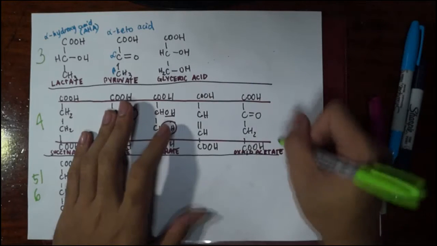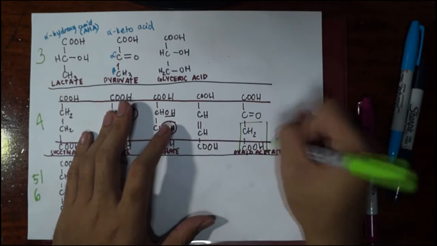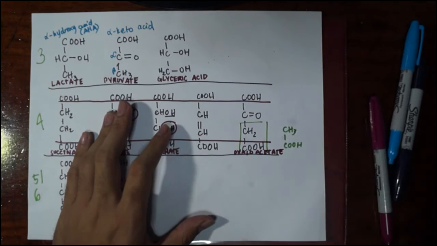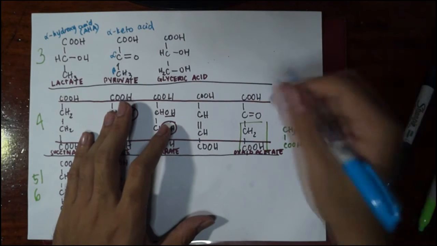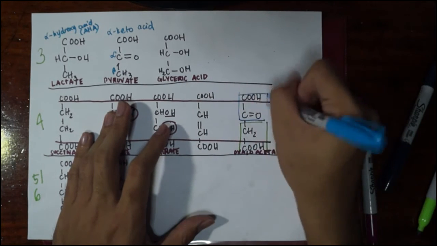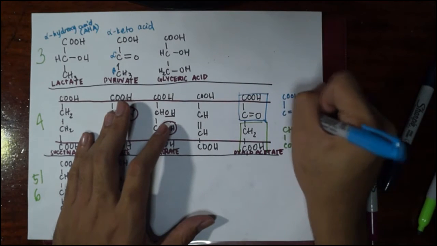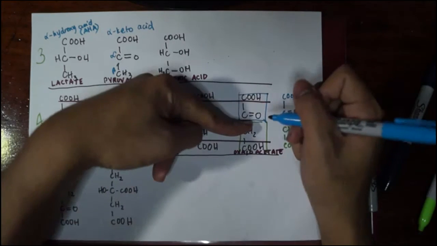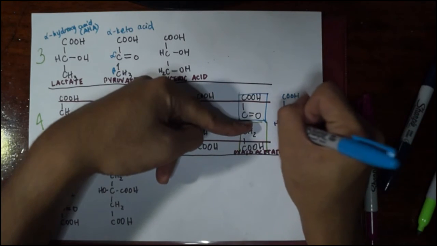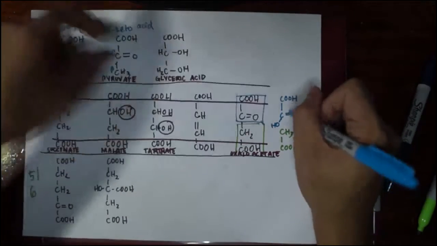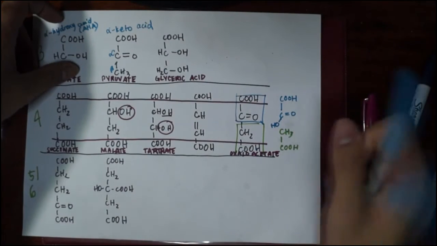The half right here is the acetate portion. As you can see, this is acetic acid. And where is the oxalic acid? It's here. It's COOH, and the C double bond O, if you cut this, you would attach OH, and we know that oxalic acid is COOH, COOH. So that's where the name oxaloacetate came from.